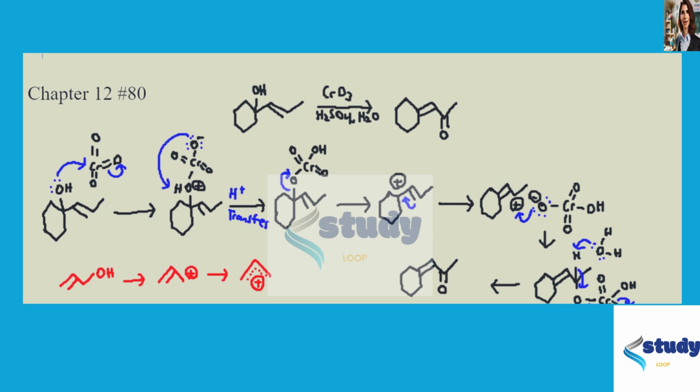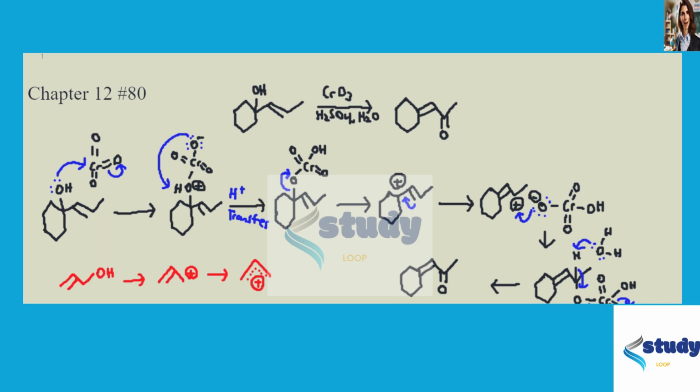That gets you to this chromate ester intermediate. And then the carbon-oxygen bond here is going to break and revert to the oxygen and reform this double bond with oxygen and chromium. And so that species will leave, and it leaves you with a carbocation here.